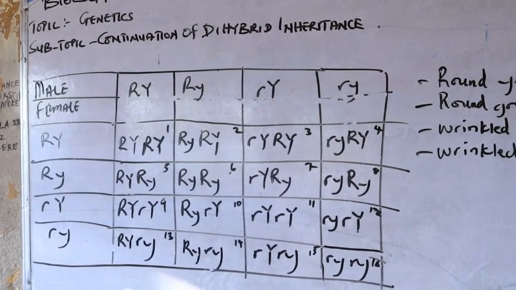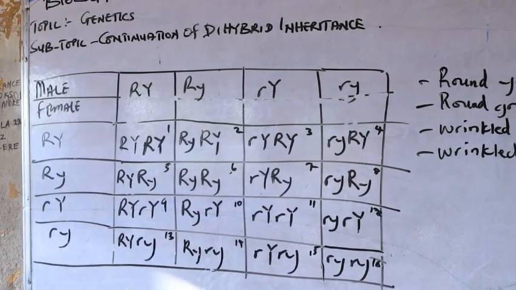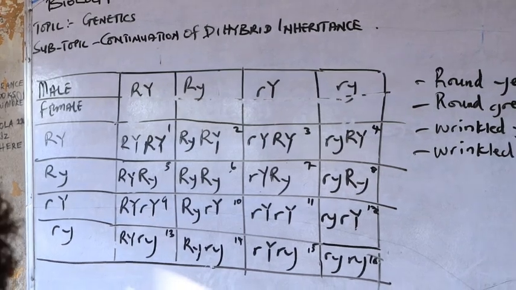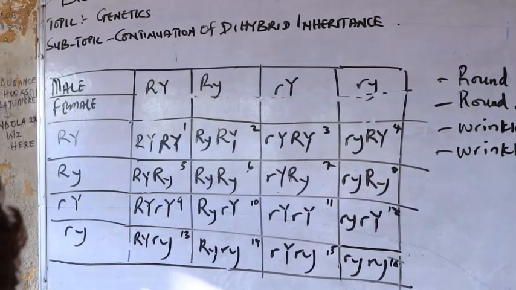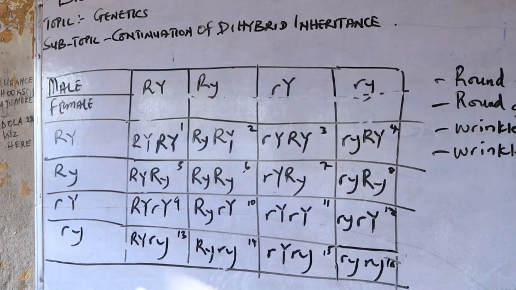What do you have on the female? The male is round yellow, and the female is round green.